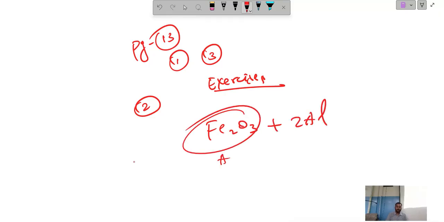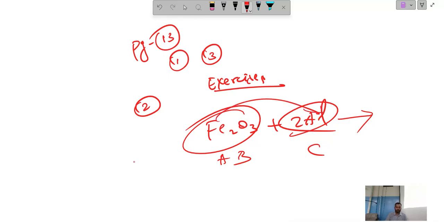Here how many do we have? Only 1. Since 2 and 1, when they combine together, they become Fe. Who will combine? Al2O3 plus Fe. Which type of reaction is this? Displacement reaction. Remember?